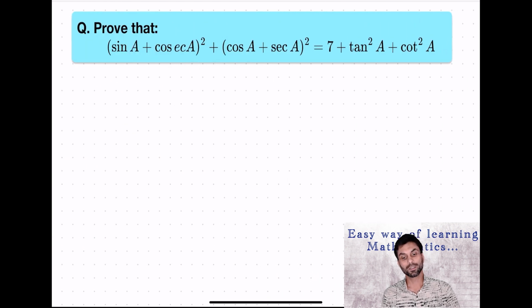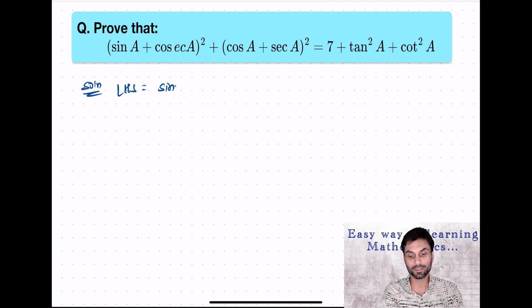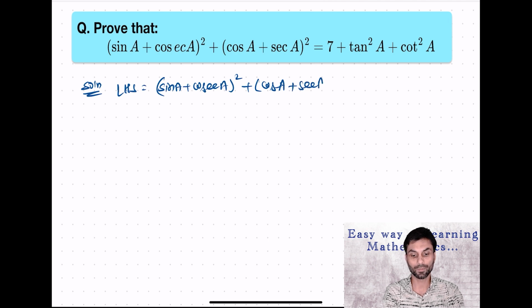The next question is, prove that (sin A plus cosec A) whole square plus (cos A plus sec A) whole square equals 7 plus tan square A plus cot square A. Let's start with LHS. So we have (sin A plus cosec A) whole square plus (cos A plus sec A) whole square.